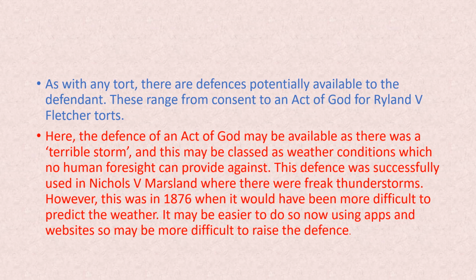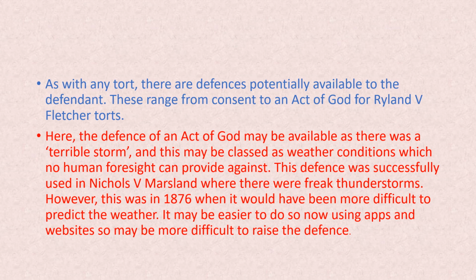So as with any tort then, there are defences potentially available to the defendant. These range from consent to an act of God for these types, the Rylands and Fletcher torts. Now here, the defence of an act of God may be available as there is a terrible storm. Now, as this may be classed as weather conditions which no human foresight can provide against. The defence was successfully used in Nichols and Marsland where there were freak thunderstorms.